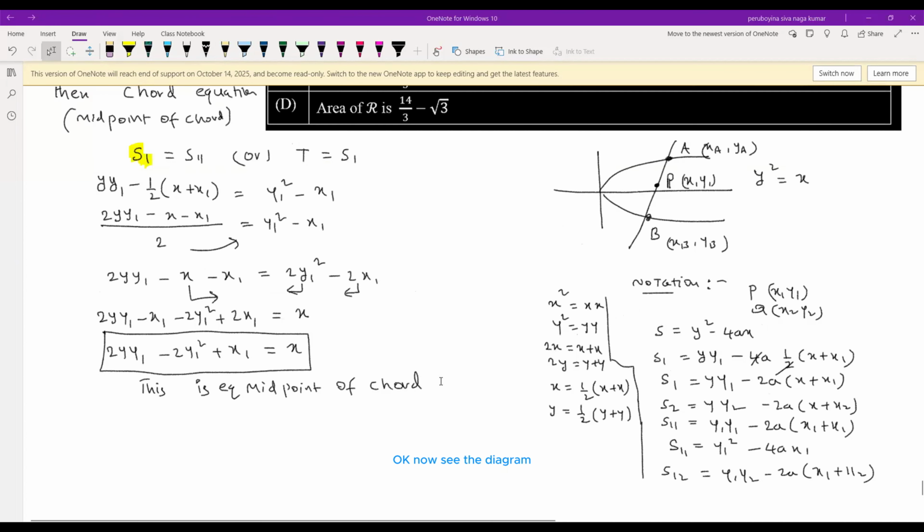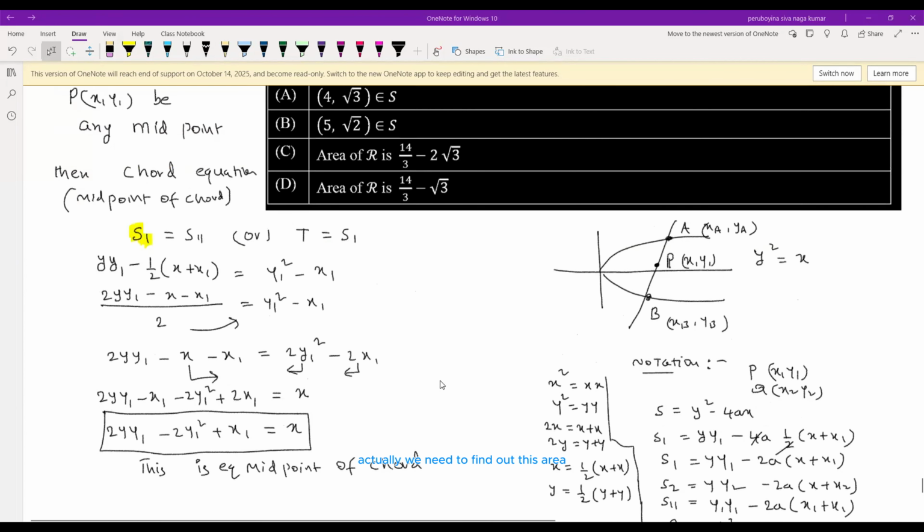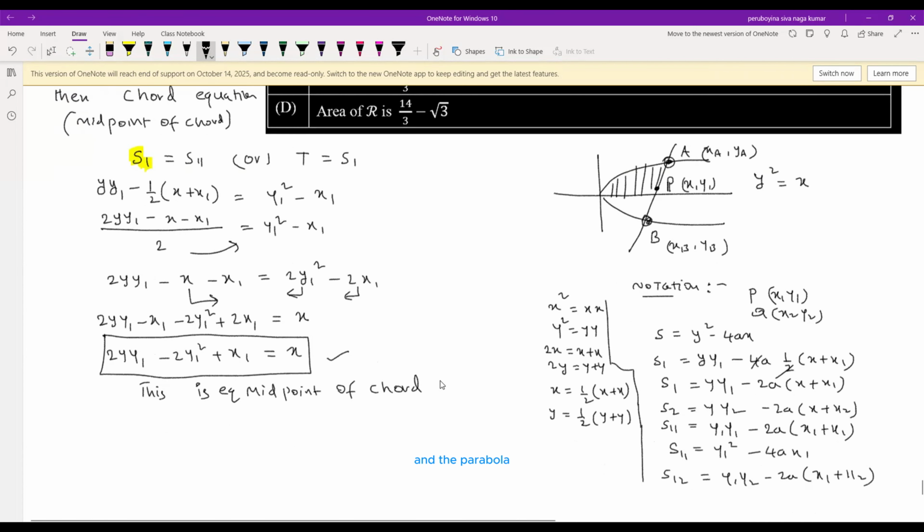Okay, now see the diagram. Actually, we need to find this area. For that, we need the points of intersection of this line and the parabola.